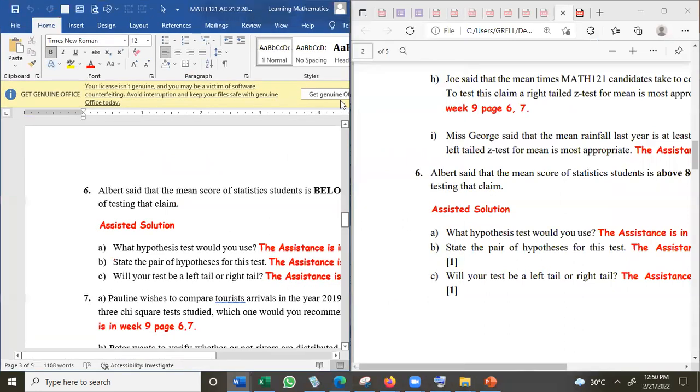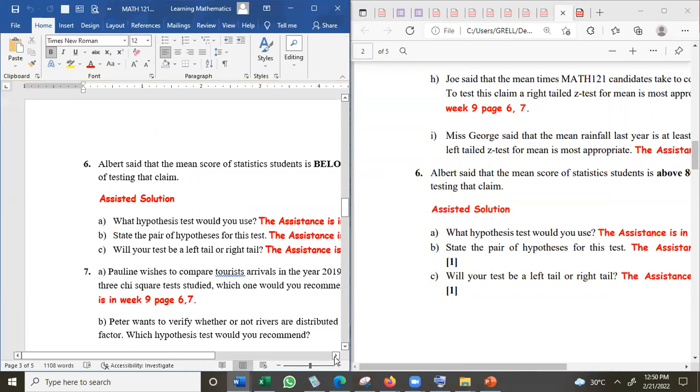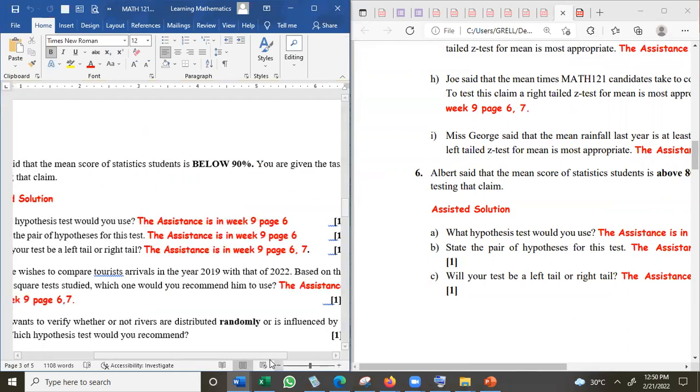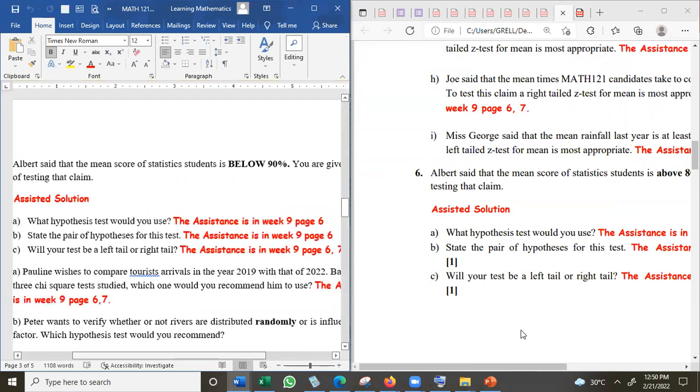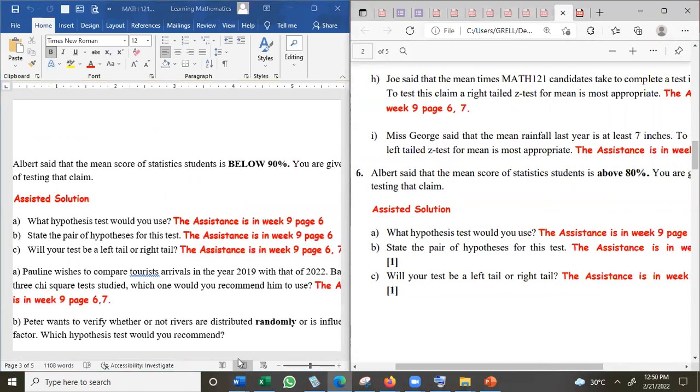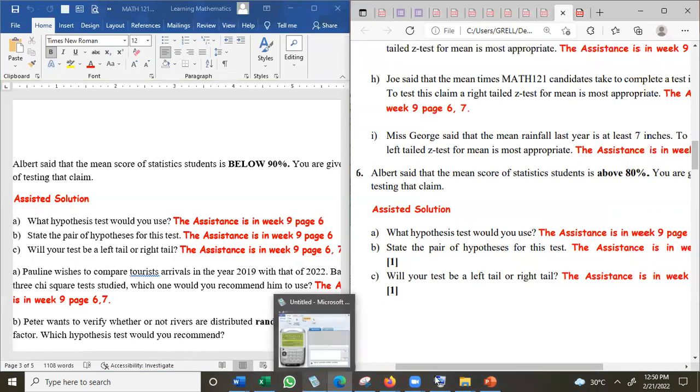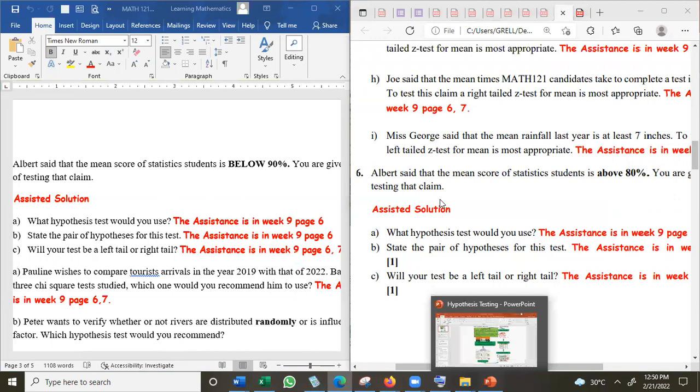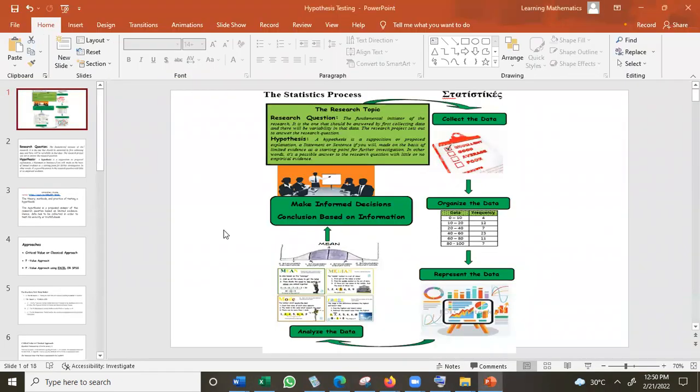Know the similarities, know the differences. We're starting on number 6 in assignment C, and the topic is hypothesis testing, using sample statistics to make decisions on population parameters.